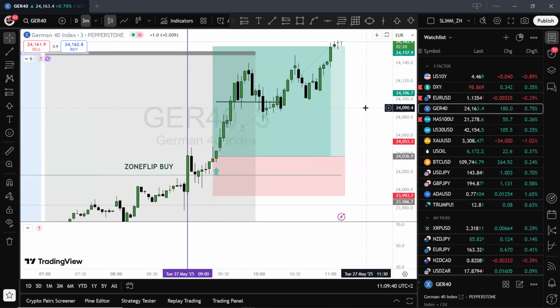Let me see if I can show you the actual running trade quickly. I'm not sure if I might have time. So just a moment, guys. It's on my phone, so I just need to quickly send it to the PC.